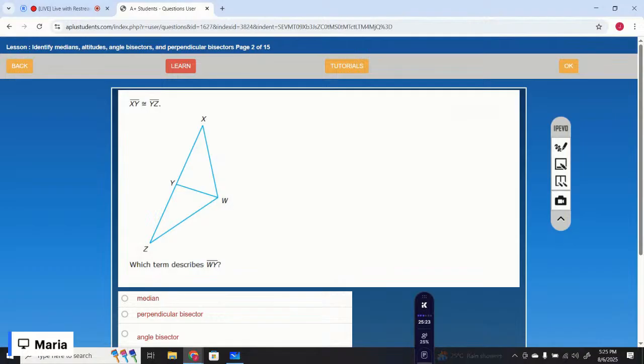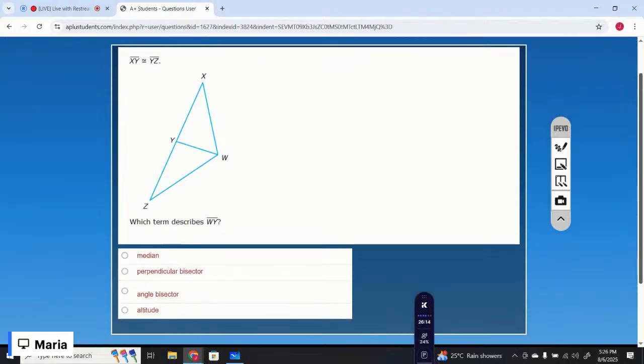XY is similar to YZ. Which term describes WY? WY is the perpendicular bisector because it makes a right angle.